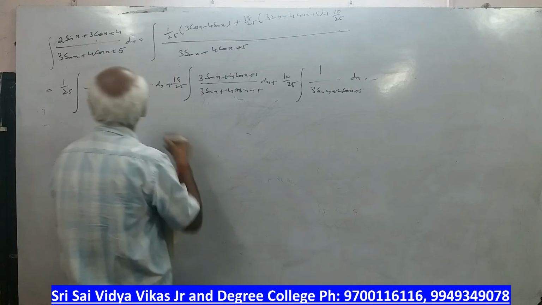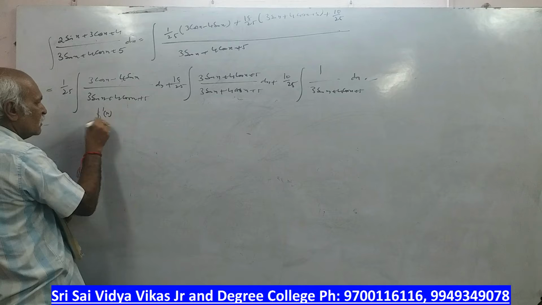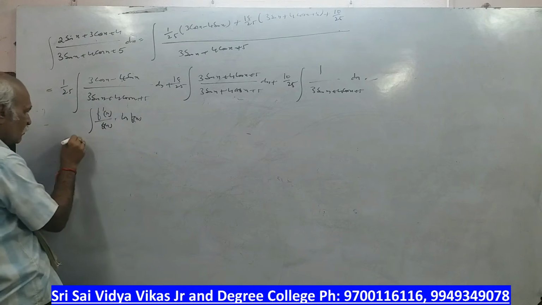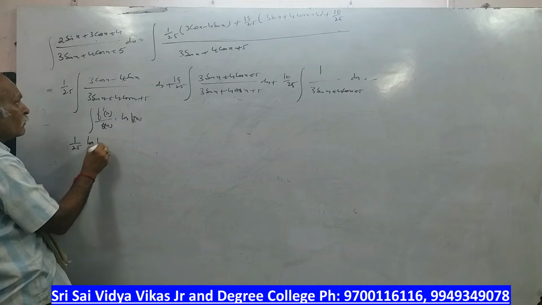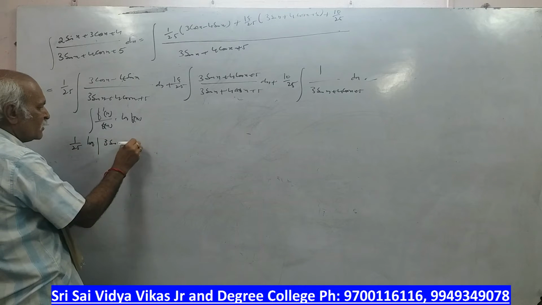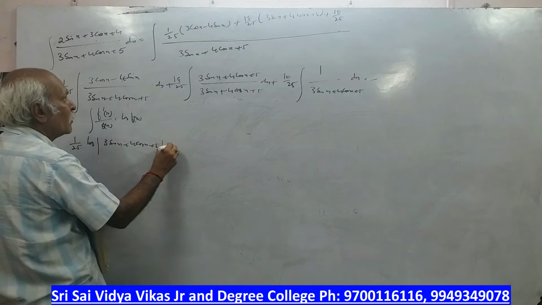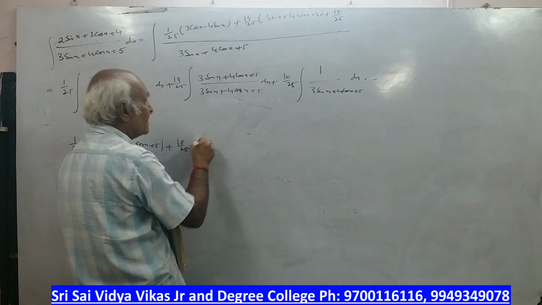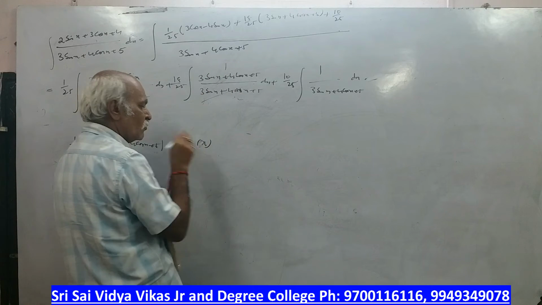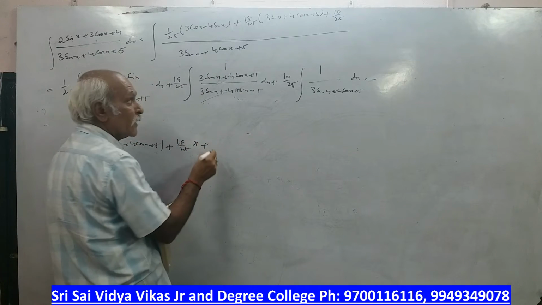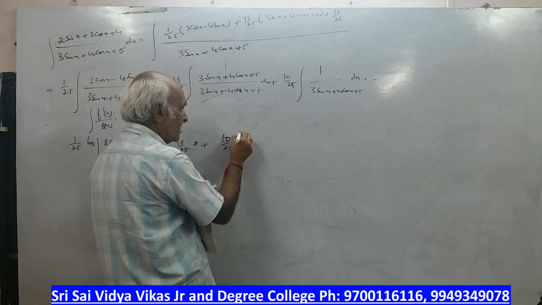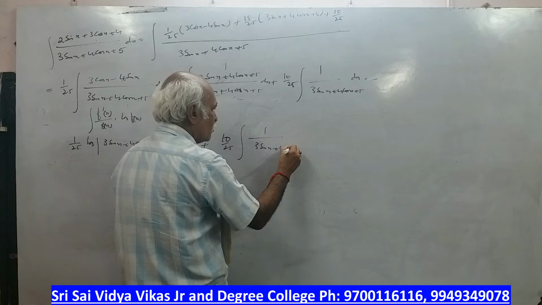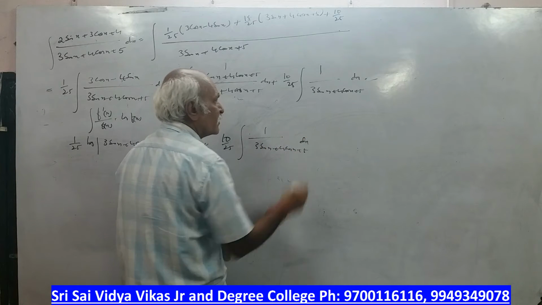Okay, so this is f dash x by f of x, so log of f of x. So 1 by 25 log of 3 sin x plus 4 cos x plus 5 plus 18 by 25 x. Why x? These two will get cancelled, every time x will come, plus 10 by 25 integration of 1 by 3 sin x plus 4 cos x plus 5 dx.